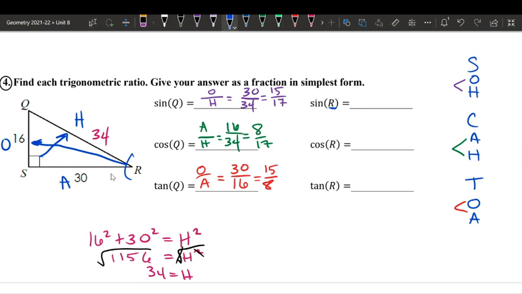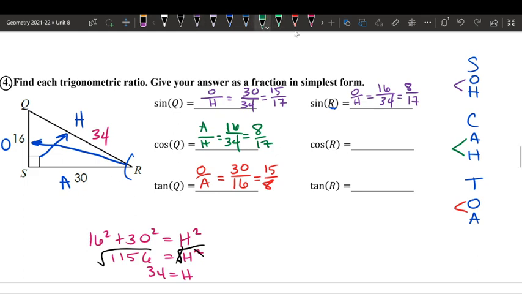The sine of angle R. Again, sine is O on top of H. Opposite is now 16, H is 34. So now it's 16 over 34. Divide those both by 2, 8 over 17.